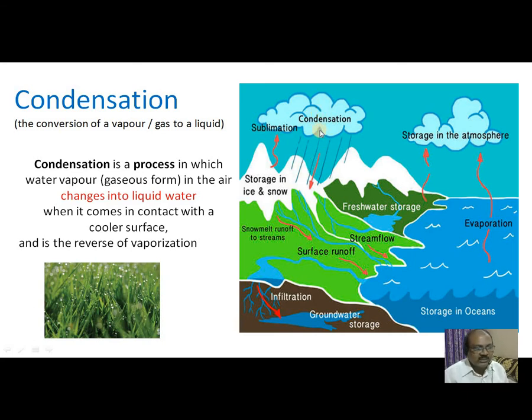So condensation is a process in which water vapor, that is gases in the air, changes into water when it comes in contact with cool surfaces, and is the reverse of vaporization. So it is entirely the reverse of evaporation. This is how water is falling.